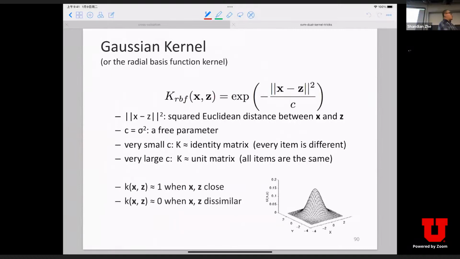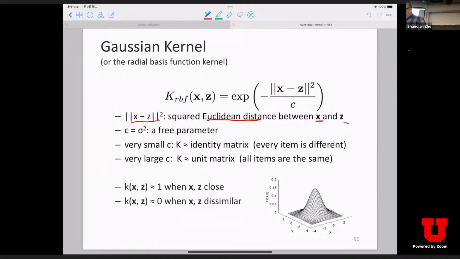Another commonly used kernel is called the Gaussian kernel. Actually, if you read a lot of kernel learning papers, the most commonly used kernel is this one. So what is the Gaussian kernel? To compute a Gaussian kernel, we first compute the squared Euclidean distance between the two input vectors, x and z.